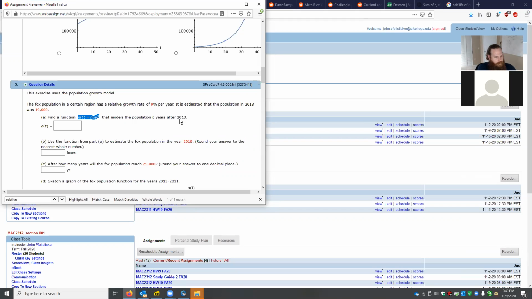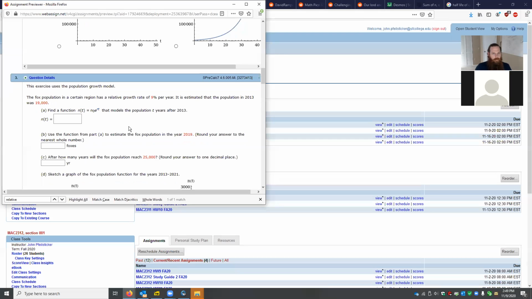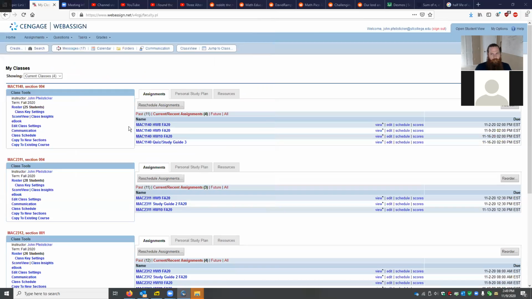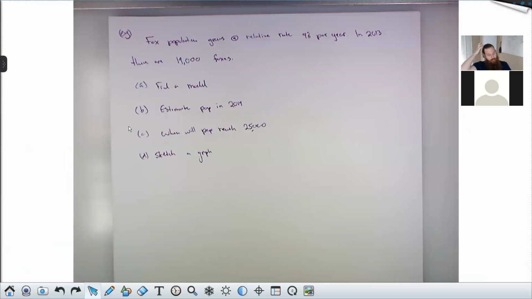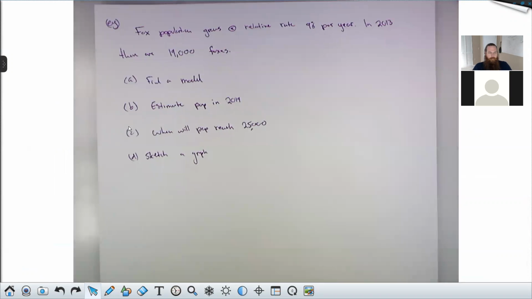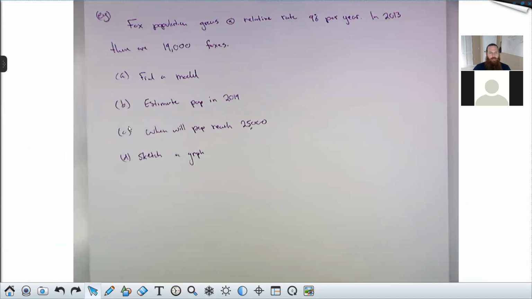And fourth, sketch a graph. All right, I think that's everything here. Okay. So these are the basics condensed.